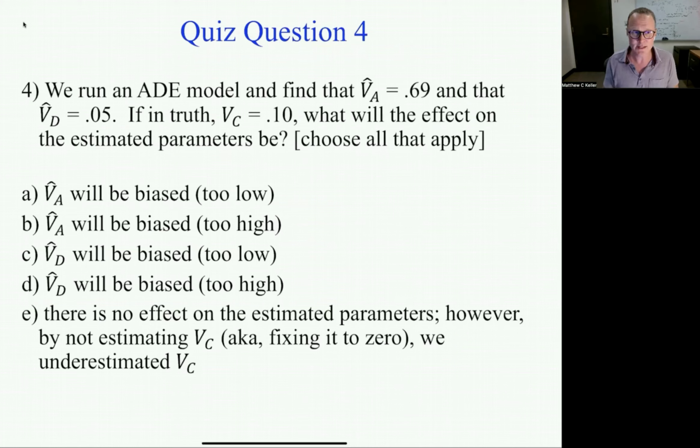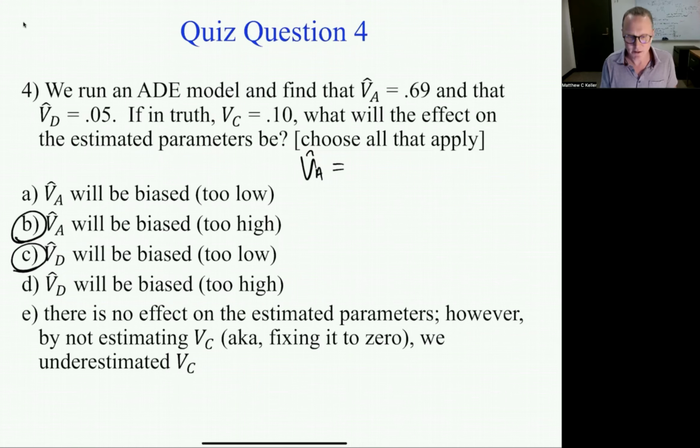I'll let you look through this and then pause the video and come back. Okay, welcome back. The answers that are correct are B, VA will be biased to be too high, and C, the estimate of VD will be biased to be too low. You can see algebraically, from what we've done by deriving the estimates of the bias, how to figure out what the true VA is by just plugging in the numbers.